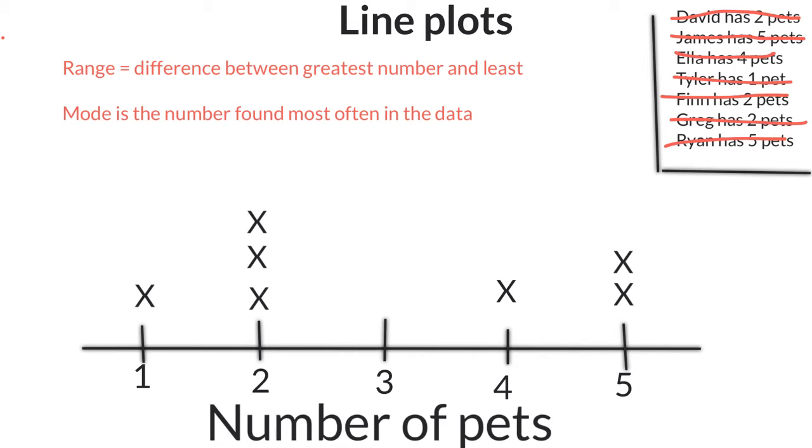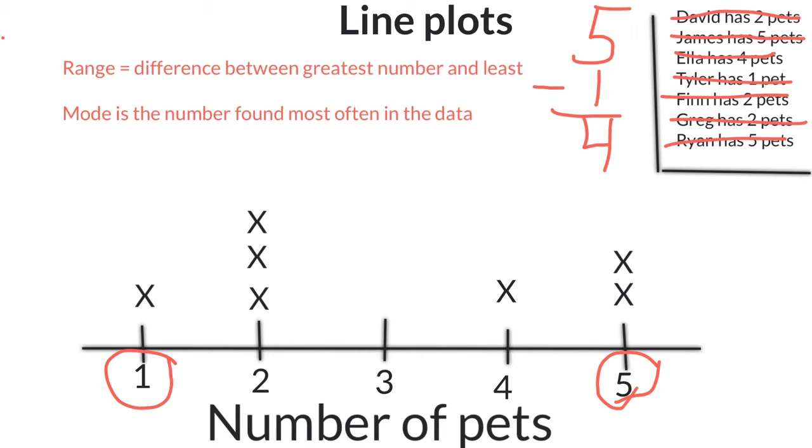The range is going to be looking at the greatest number on the line plot here, not the greatest number of x's, but the greatest number on the line plot, and the least number, which is our 1 here. So our range is going to turn into a subtraction problem. So to figure that out, we take our largest number, 5, subtract it by the smallest number, which we circled was 1, and we get a range of 4.